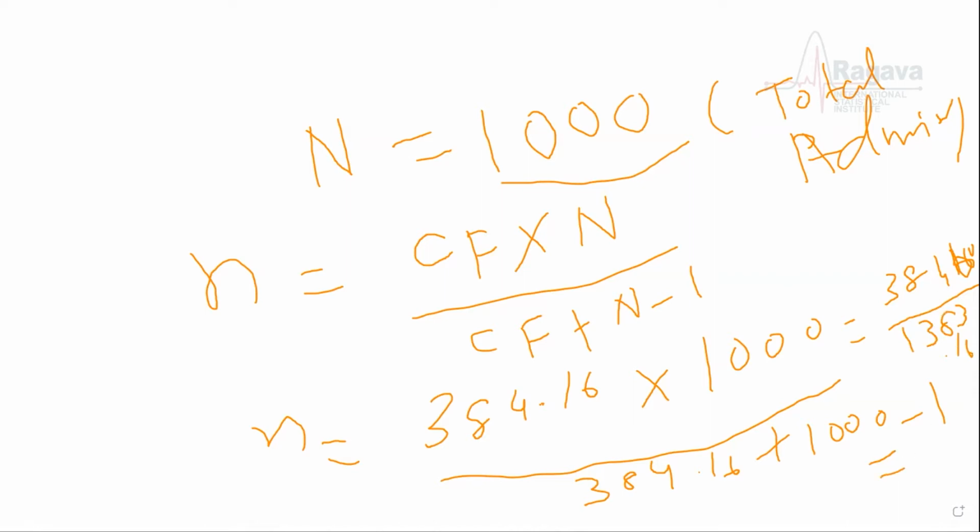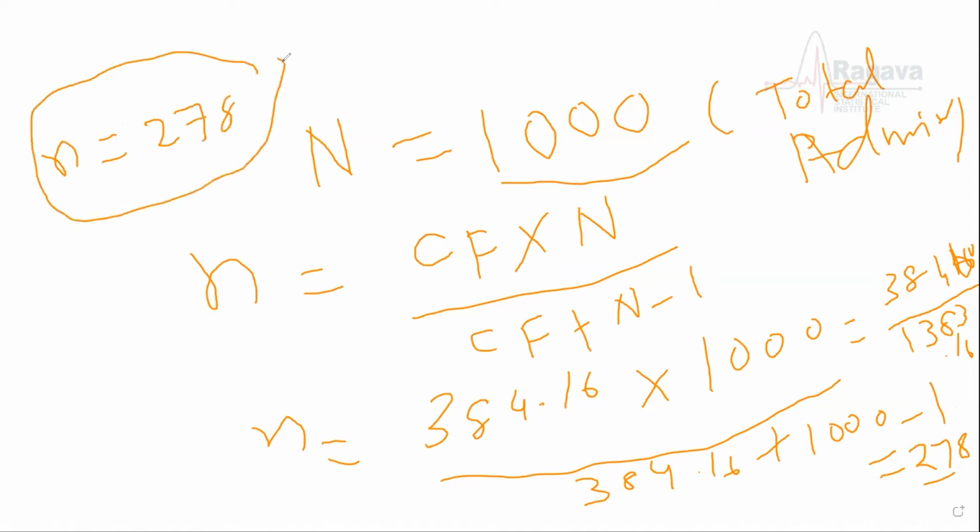384,160 divided by 1383.16 is approximately 278. 278 is the sample size for this. N is equal to 278.